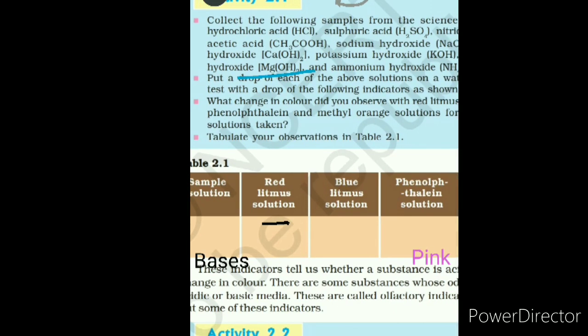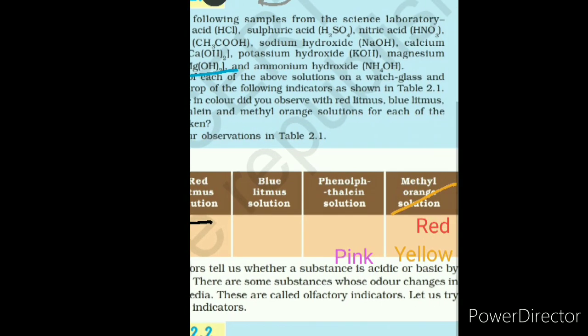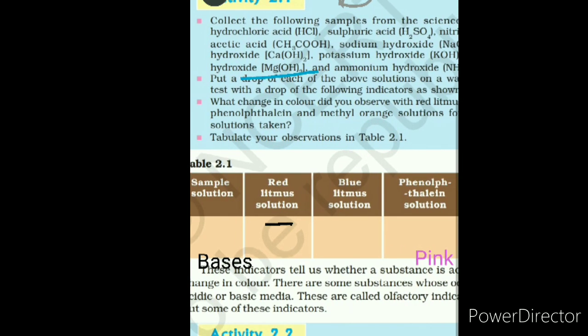Now with the cloth strip we have to test the substance, whether it is an acid or a base.